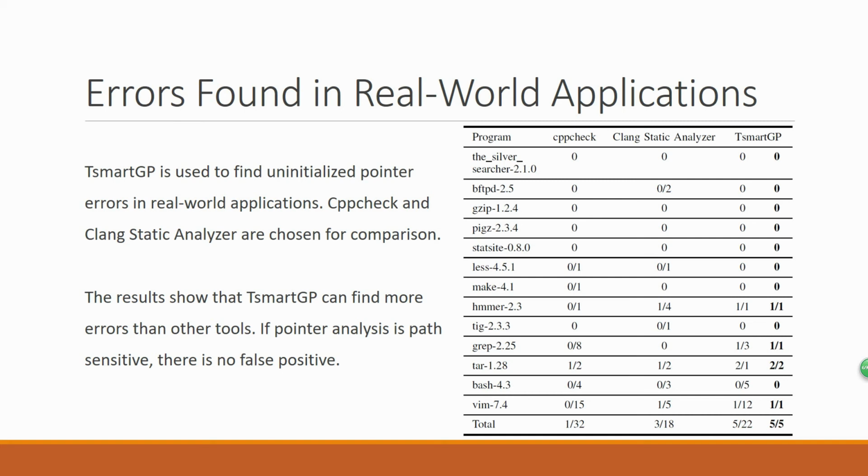As we can see, TsmartGP finds more real errors, while its accuracy is also higher than Cppcheck and Clang Static Analyzer. All the errors found by Cppcheck and Clang Static Analyzer can also be reported by TsmartGP. If we make our algorithm path sensitive, there is no false positive.